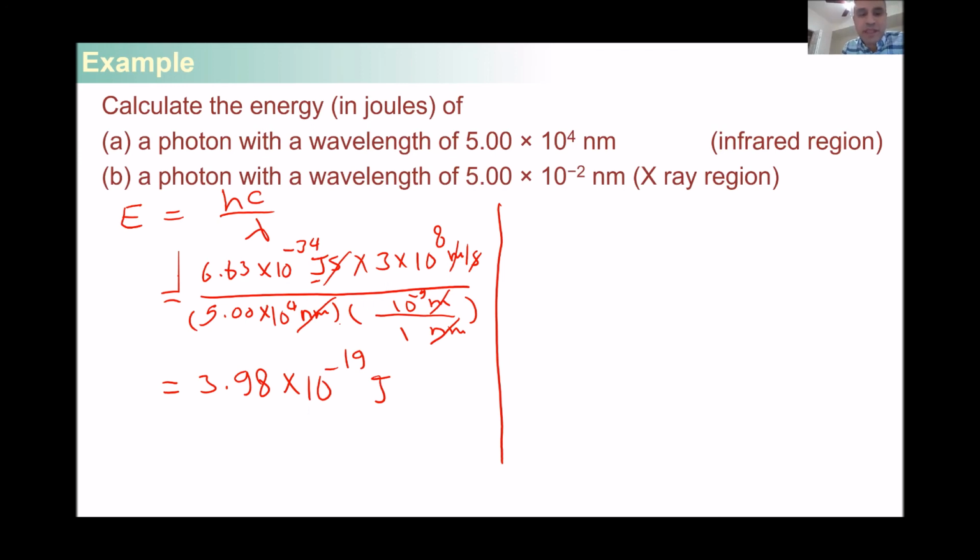So you repeat the same type of calculation for the second photon in the X-ray region using the same formula.